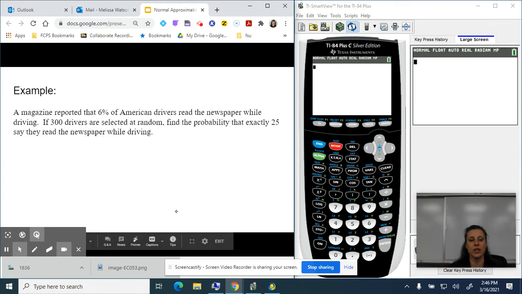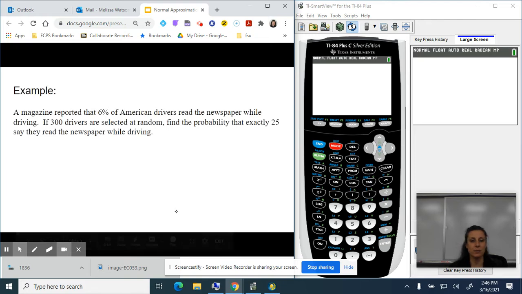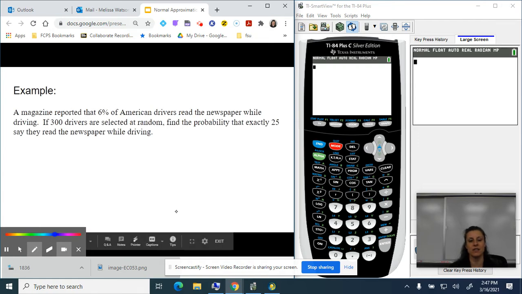All right, let's take a look at our first example. This example says a magazine reported that 6% of American drivers read the newspaper while driving. If 300 drivers are randomly selected, find the probability that exactly 25 say that they read the newspaper while driving. I'm just going to identify the variables first in this scenario.